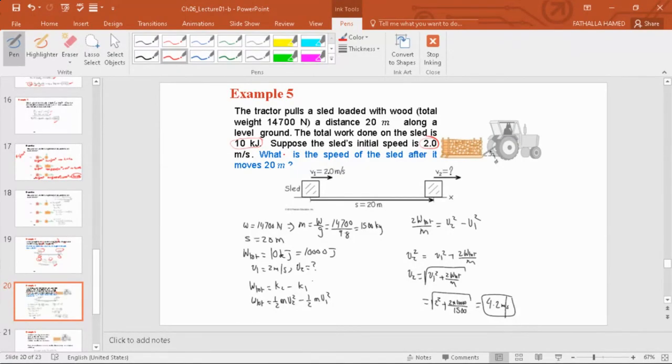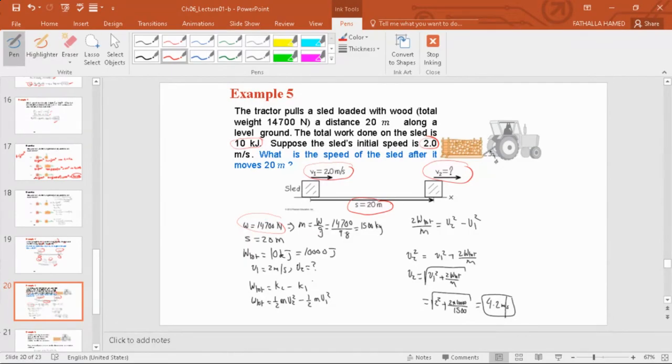If you look, the initial speed here is 2 meters per second. You're going to move 20 meters, and they ask what will be the speed when you get to this point after 20 meters. Now, we're given the weight, which is 14,700 newtons.